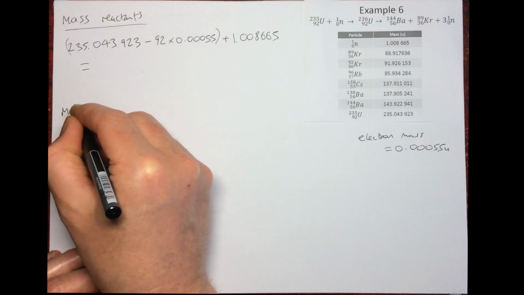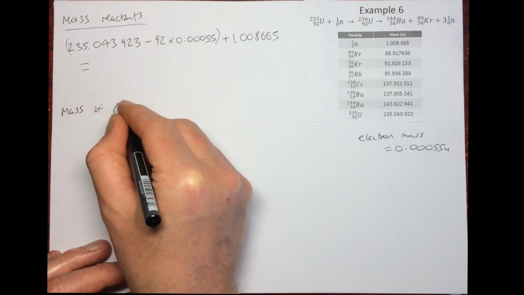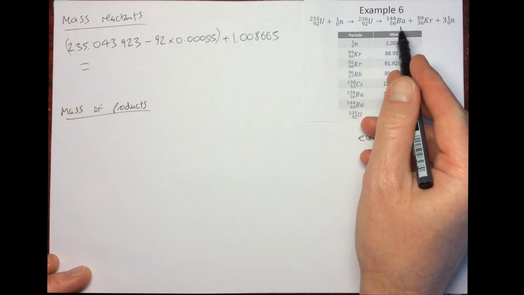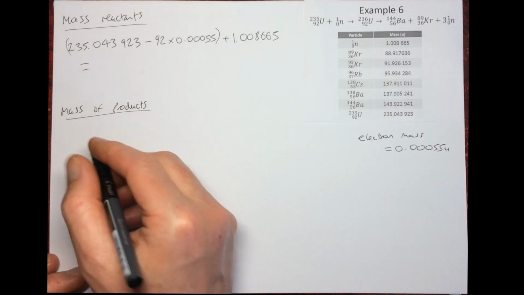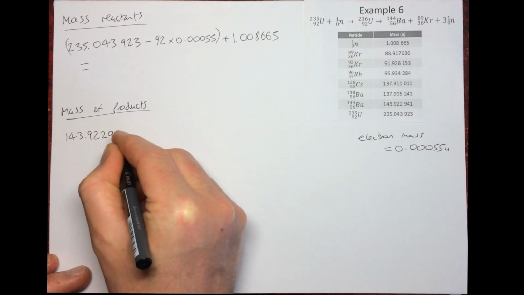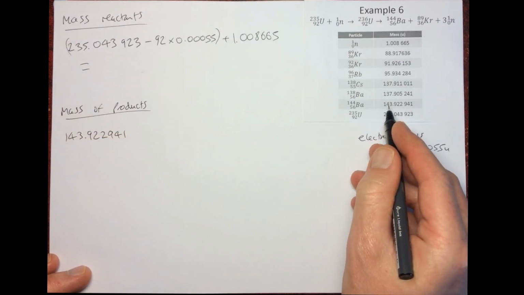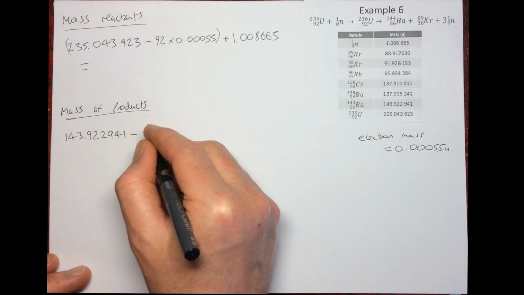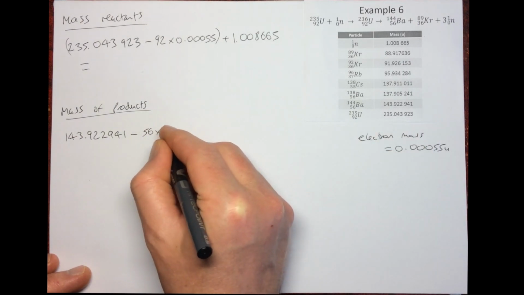The mass of the products is going to be the mass of the barium, which is 143.922941, and you're going to take away from that the mass of 56 electrons.